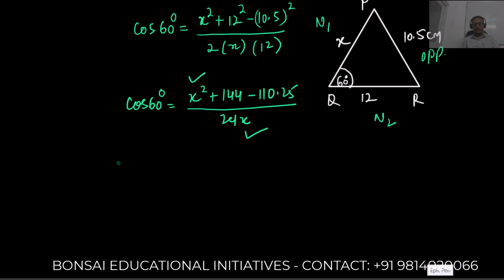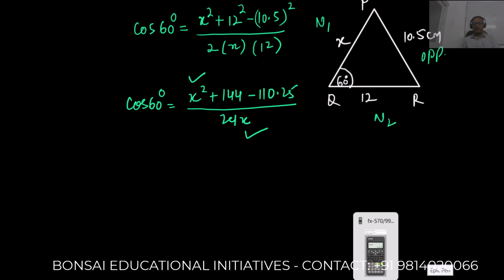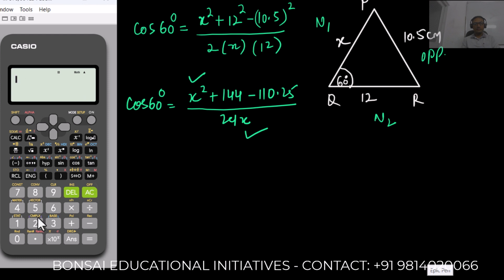Okay. So the value of cos 60, you can calculate the value of cos 60, and done. Yes, the value of cos 60 is 1 by 2.